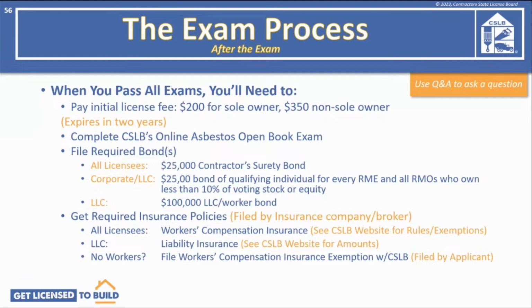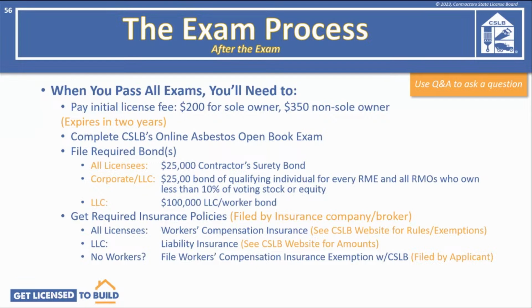If you've got employees, you'll need to get workers' compensation insurance. If you don't have employees, you must file a workers' compensation exemption with CSLB. You can also submit this online. Please note, workers' compensation insurance is also required for all contractors applying for the C8 concrete, C20 warm air, heating, ventilating, and air conditioning, HVAC, C22 asbestos abatement, C39 roofing, and C61 D49 tree service classifications, whether or not you have employees.